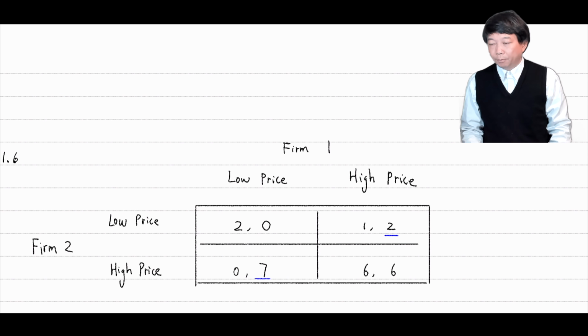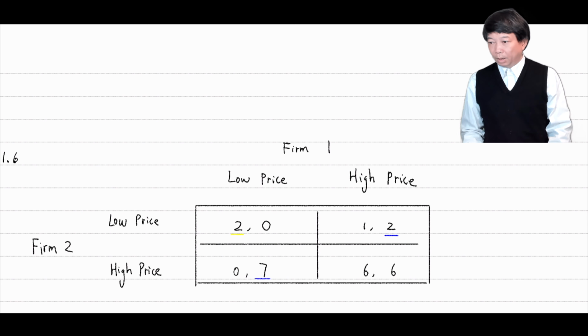Next, we consider firm 2's best response. Given that firm 1 chooses a low price, firm 2 gets 2 if it chooses a low price, but 0 if it chooses a high price. So, firm 2's best response is choosing a low price. We underline the payoff 2.